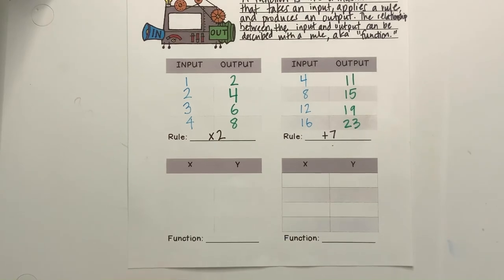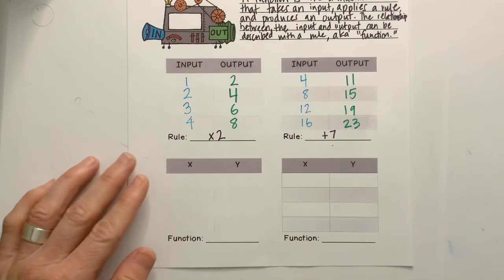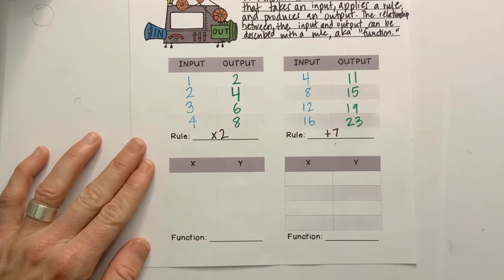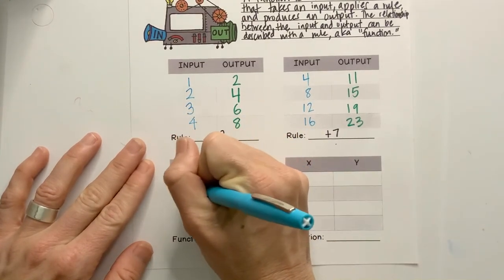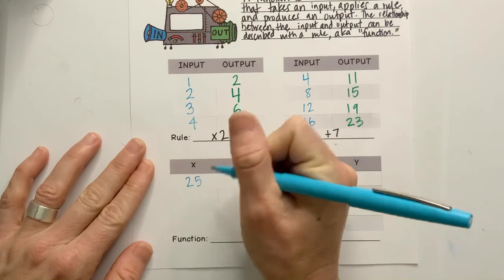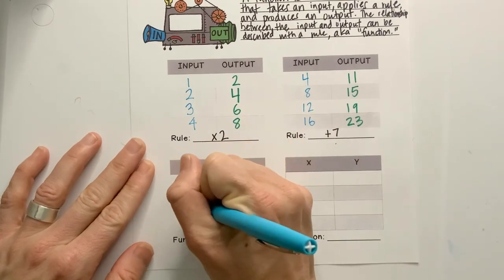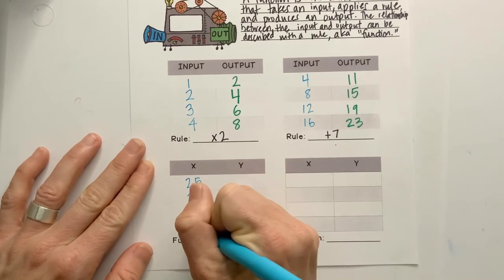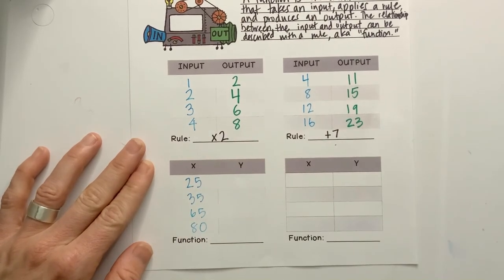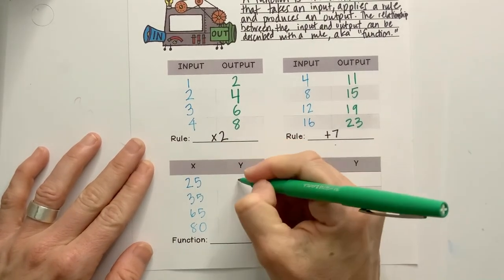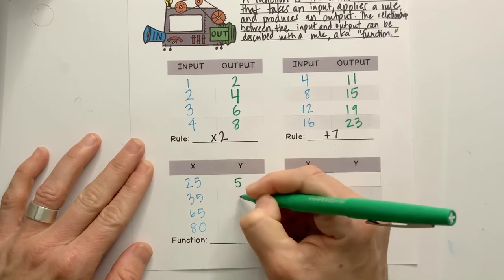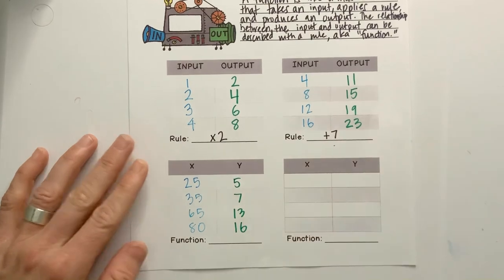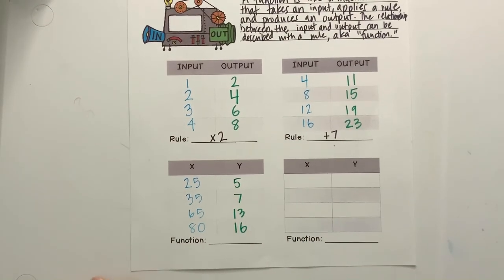All right, so what if we had as our input, we had, let's say, and our output was, how would we go about determining what the rule is?